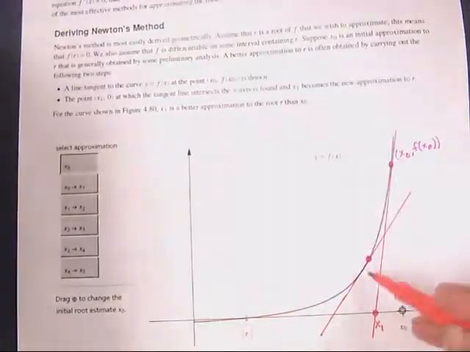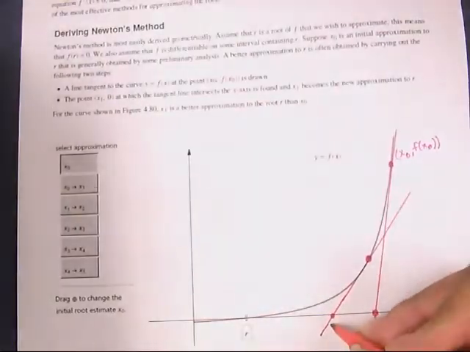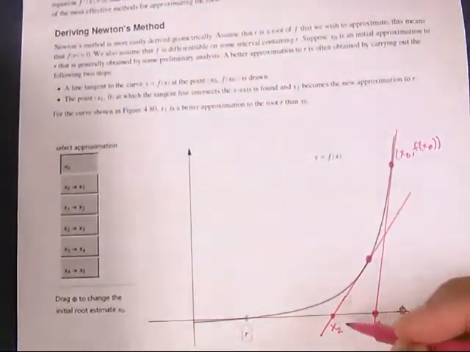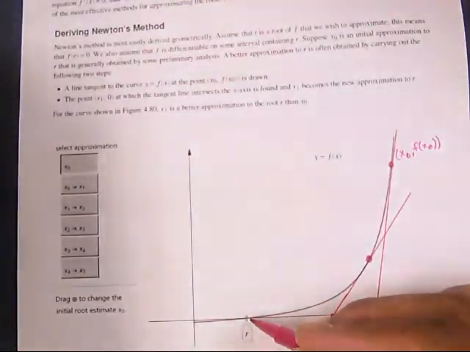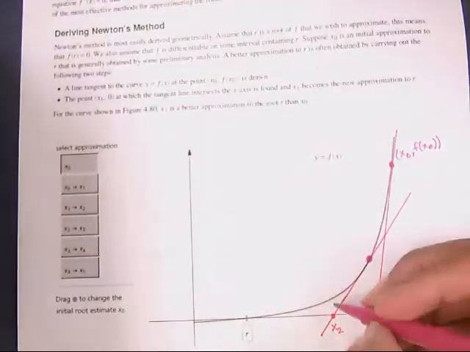So this second tangent line crosses the x-axis at this particular point, which I'm going to call x of 2. Now the idea here is I'm going to keep drawing tangent lines until I'm able to get that tangent line to be the x-axis, which is going to be the point where r is going to be. That's going to be the 0 of that particular function.